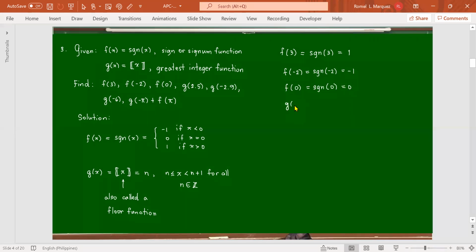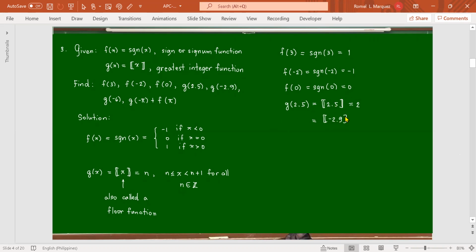What about g of 2.5? What is the greatest integer of 2.5? Pull it down to the lower integer. 2, no? So what about negative 2.9?